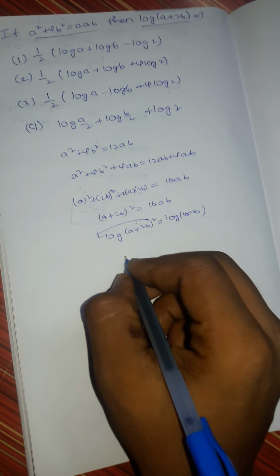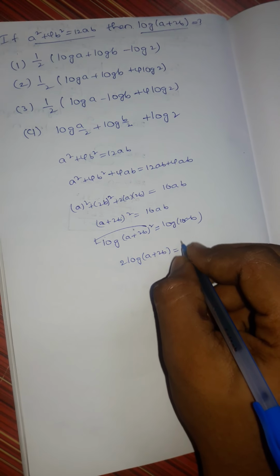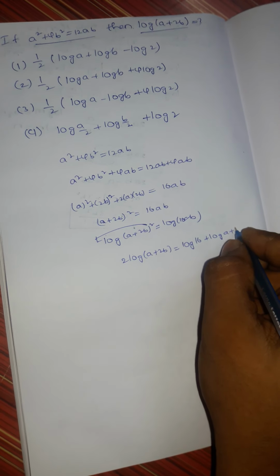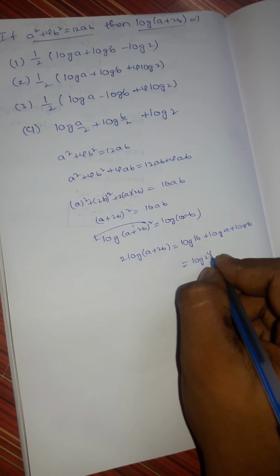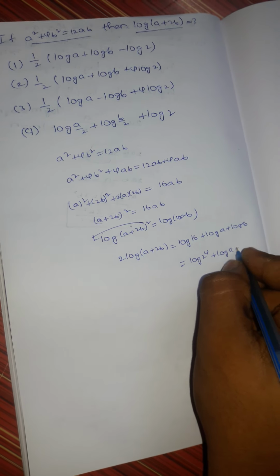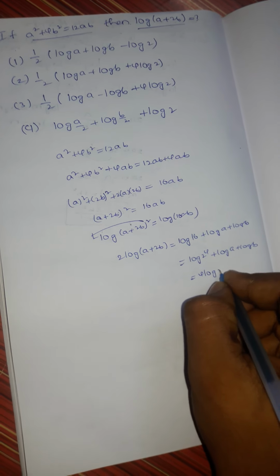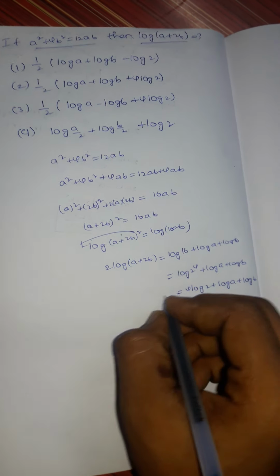Bringing this 2 to the front side, we get 2 log of a plus 2b is equal to, we can write this as log 16 plus log a plus log b. Log 16 can be written as log 2 power 4 plus log a plus log b. This can be written as 4 log 2 plus log a plus log b.